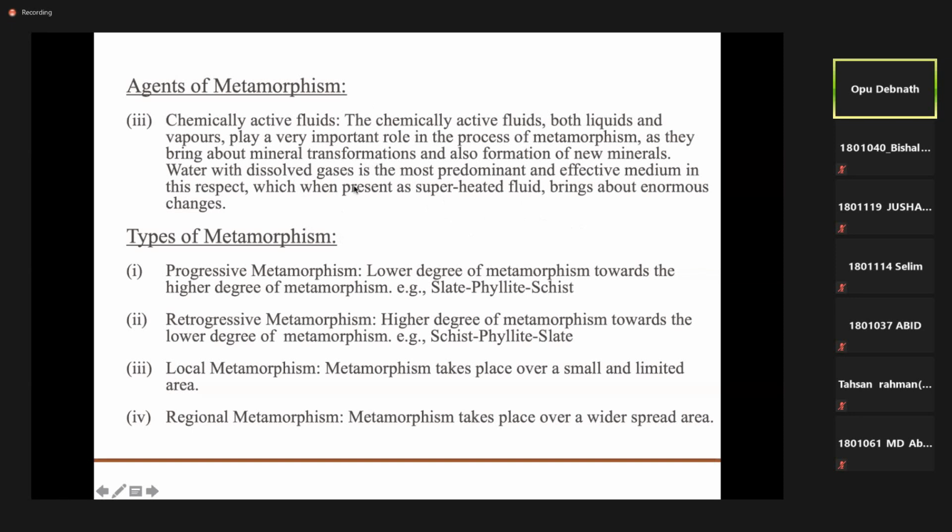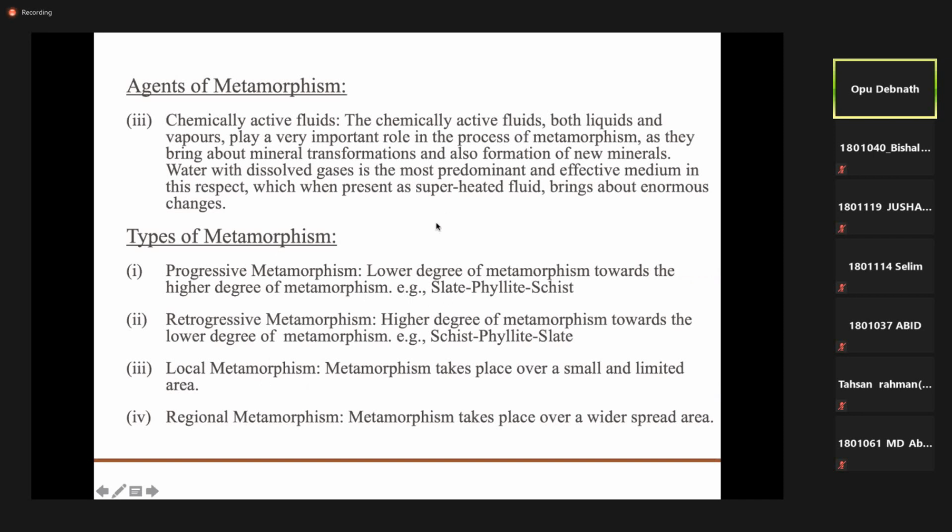And the next topic is the types of metamorphism, based on the stages at which metamorphism occurs. There are four types: progressive metamorphism, retrogressive metamorphism, local, and regional. So these are very simple types of classification.